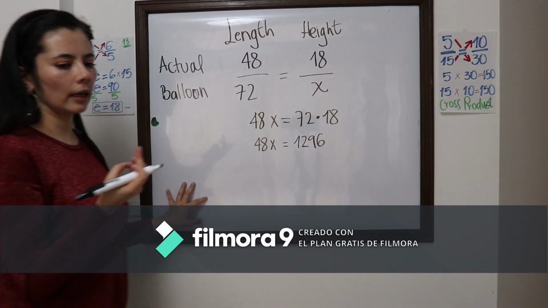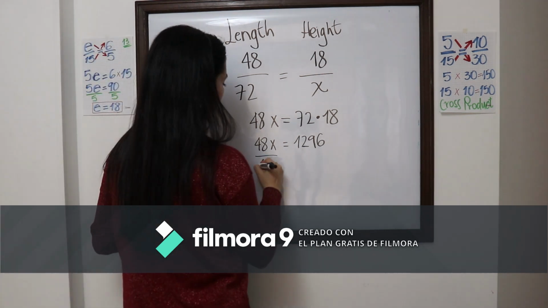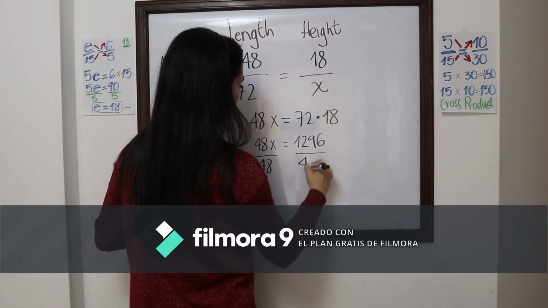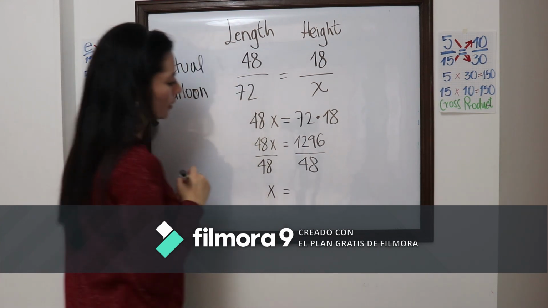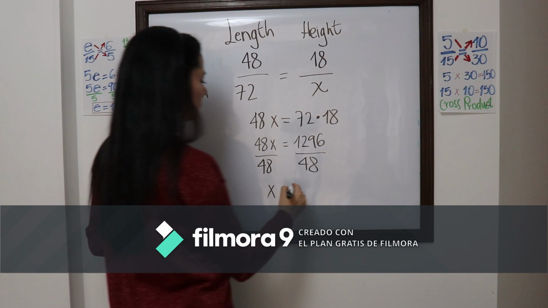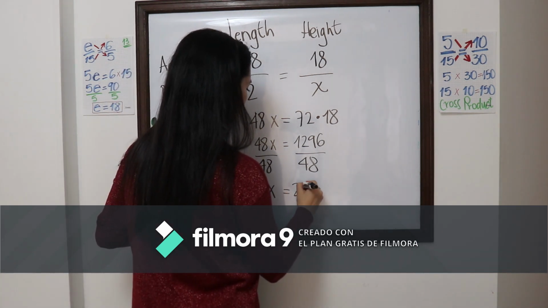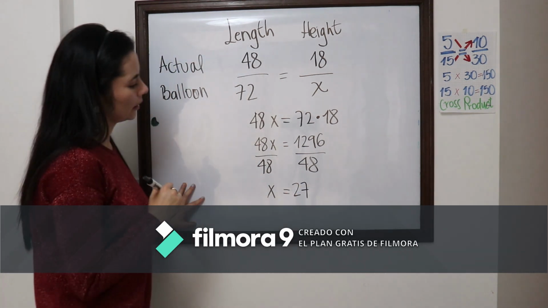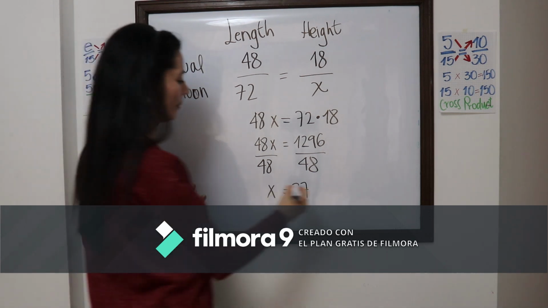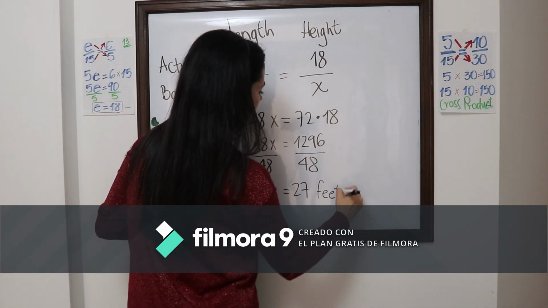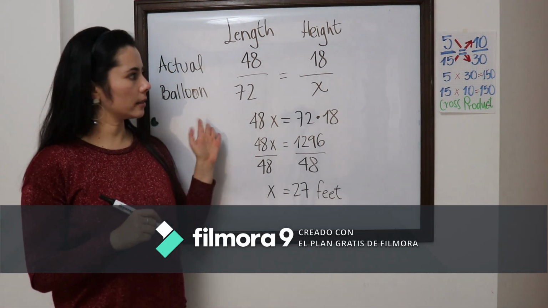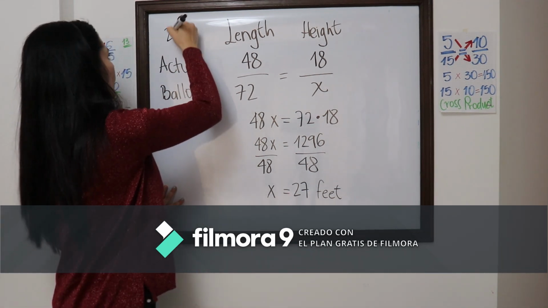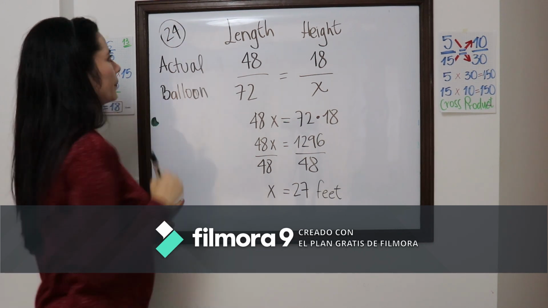And then we're going to do division. We're going to divide, right? And then x, of course, is going to be 27, I believe, because I already did it, pretty much. So we can do this faster. And so that's how it works, okay? That's problem number 24, as I told you before, okay?